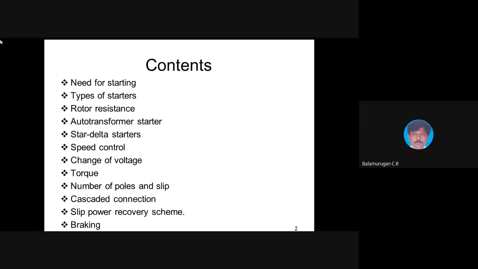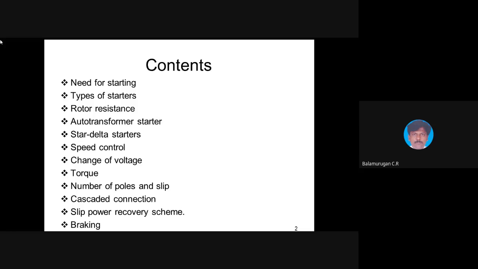Other than that, you have one more starter for squirrel cage, the DOL starter. We'll discuss this classification one by one: DOL starter (direct online starter), stator resistance starter, auto transformer starter, star delta starter, and then rotor resistance starter. Based on rating, you have to choose these starters.